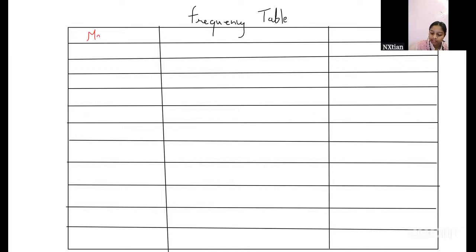First column, put the heading marks. Center column, put the heading tally marks. Third column is frequency.